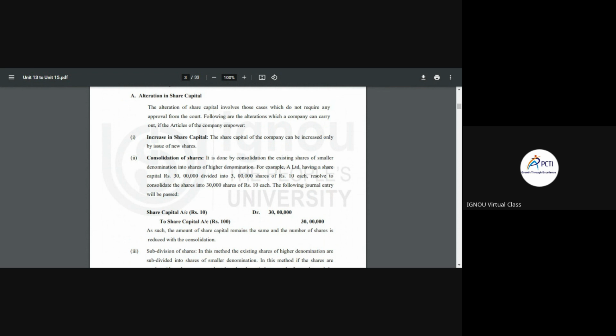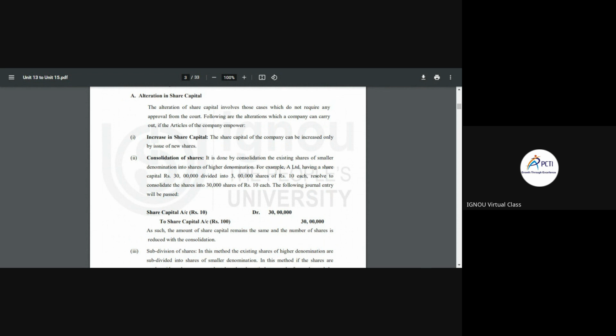The first one is to increase the share capital. The share capital of a particular company can be increased only by issue of new shares, and if there is a permission given in the articles of the company.